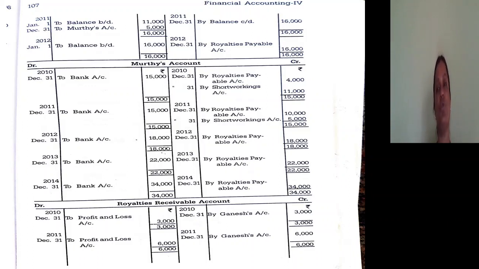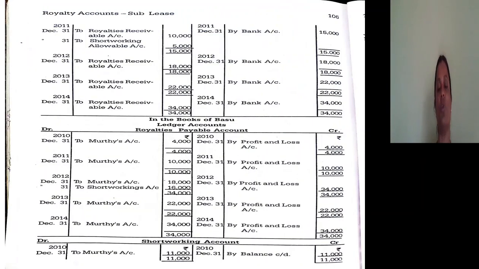Next year the situation is different. Fourth situation: there is excess, and the excess is used to recoup short working. Then the due entry should not be started from the lessor account. To understand, the due entry should be started from the royalty account. The journal entry: royalty payable account debtor to Murthy's account 18,000, to short working account 16,000.